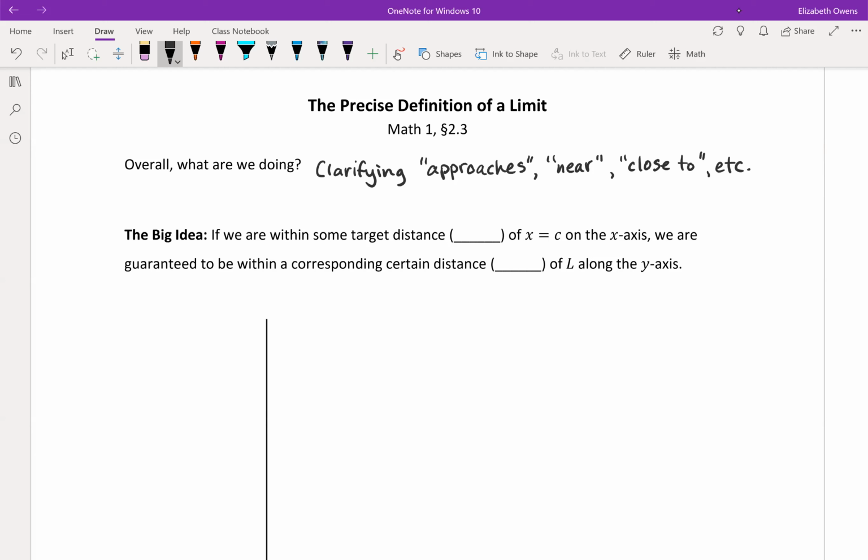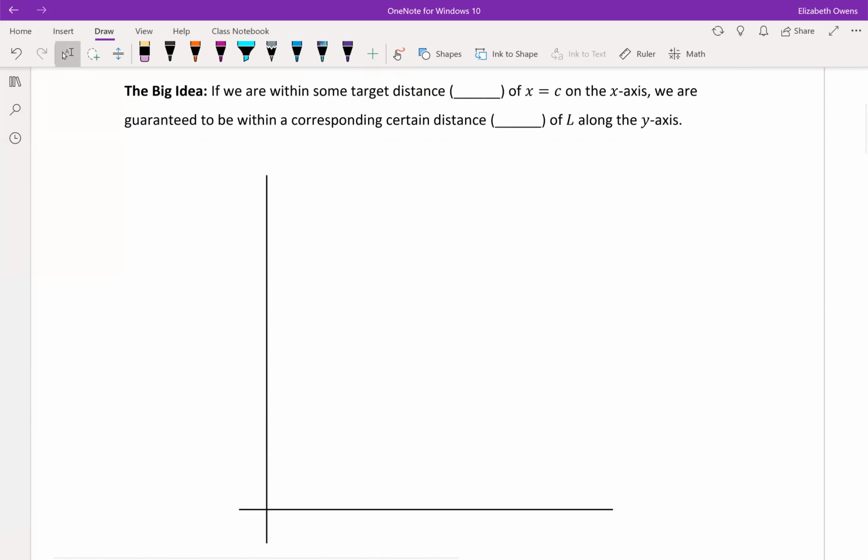All right. So the big idea here is that if we are within some target distance of x equals c on the x-axis, we are guaranteed to be within a corresponding certain distance of L along the y-axis. Okay, let's draw a picture.